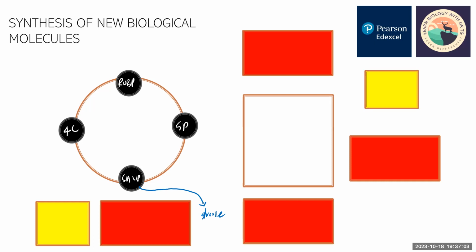So glucose plays a big role in producing a whole set of carbohydrates. That's one part of the glucose, and the second part of the glucose can enter into respiration.